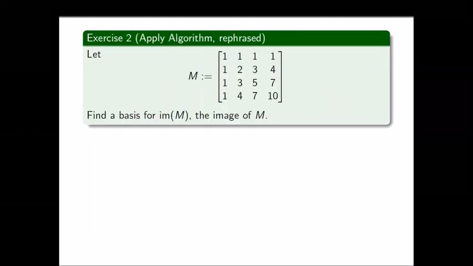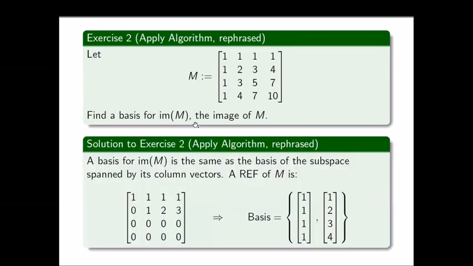So let's look at an exercise. We're given this 4x4 matrix and we want to find a basis for the image space of M. So just use the algorithm that we saw a moment ago. We saw that a basis for the image space of M is the same as the basis of the subspace spanned by its column vectors.